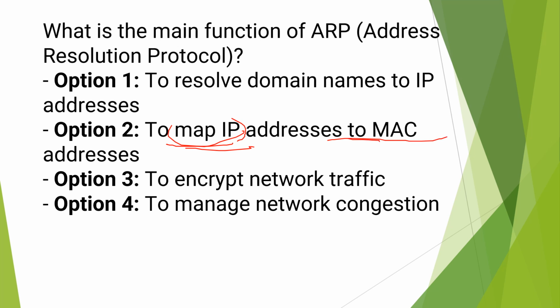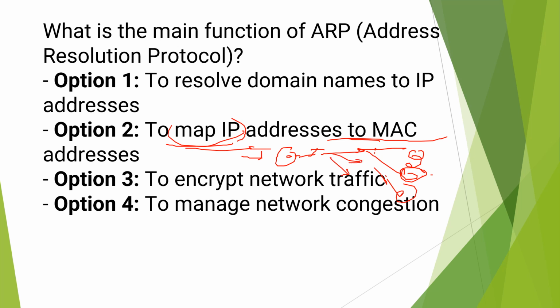Suppose device 1 and several other devices are on a local area network. If device 1 wants to send data to one of them, it knows that device's IP address but not its MAC address. To find the MAC address, it sends the IP address to each and every device, asking what is your MAC address.